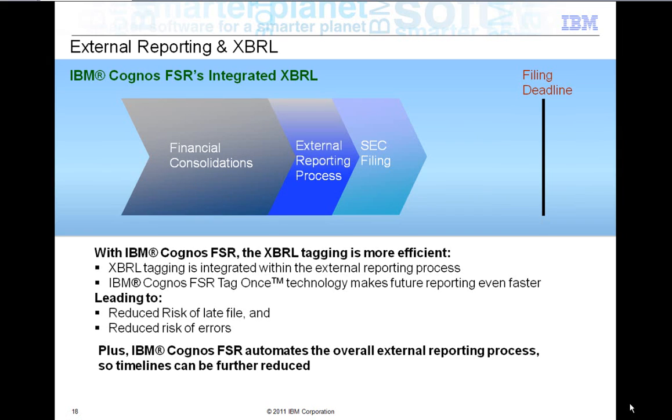Plus the fact we're going to be able to automate the overall external reporting process so timelines can be further reduced. Again, you're creating additional breathing room here for yourself, lowering anxiety as part of the process, and allowing your attention to be turned to the actual report rather than the mechanical efforts that need to take place, and sometimes in very large volumes, as it relates to the XBRL tagging process and the external reporting process in general.